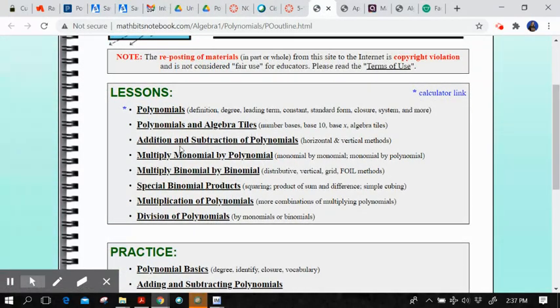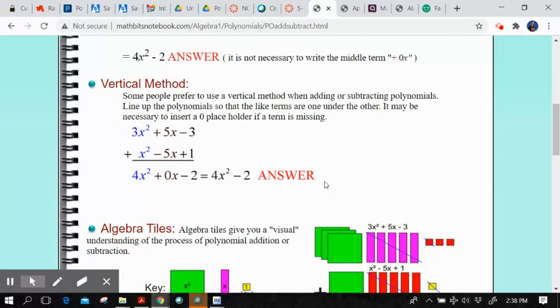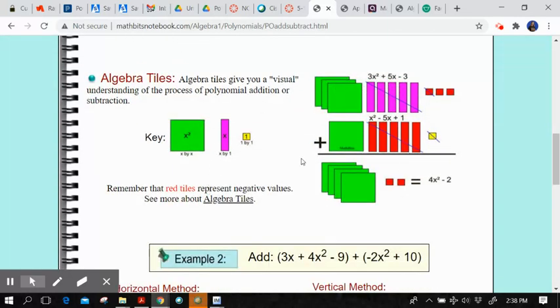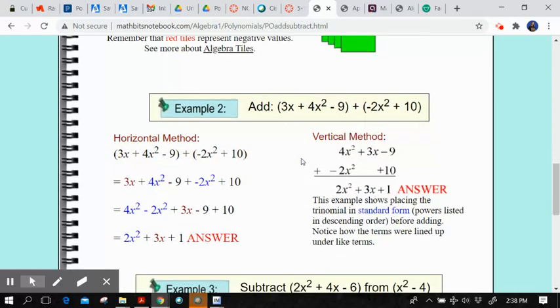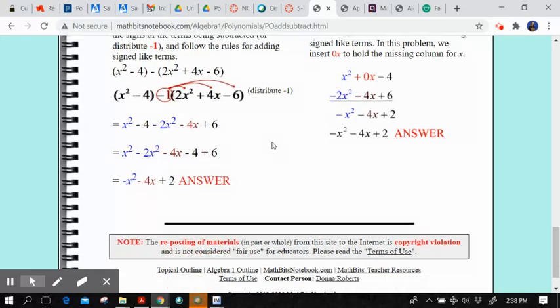What we just did today was addition and subtraction of polynomials, multiplying and special products. So we just did these 4 topics in one lesson, and they walk you through methods step by step. They also explain how to use algebra tiles if you're more of a visual learner. And they walk through the distributive property the same way that I did.